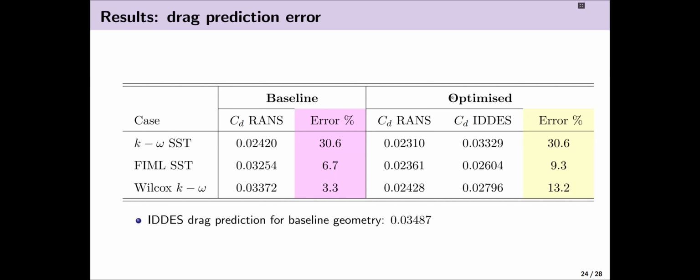And then this part is for the optimized shapes, and again the error in the drag prediction for the optimal shape for the SST is 30%. This is comparing the IDDS and the RANS values, whereas it's 9% for the augmented SST and 13% for the k-omega. So we can see that the lowest error is with the augmented model.